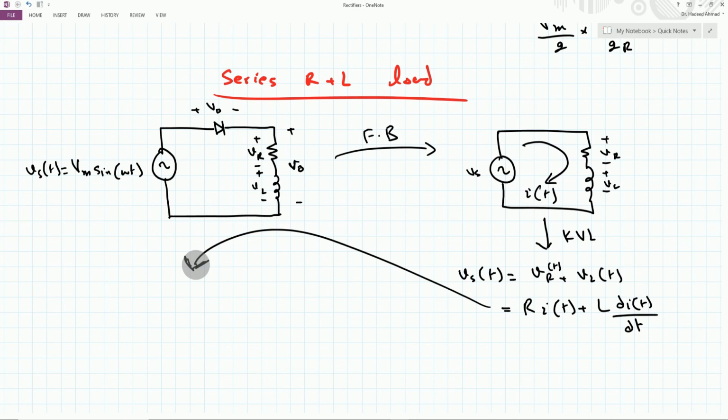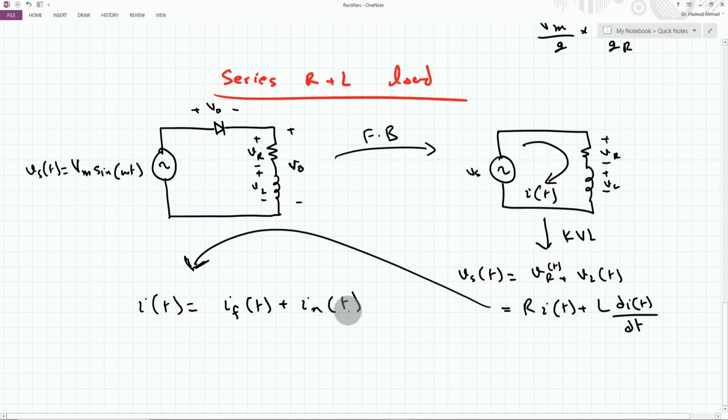The transient part under steady state condition has to vanish, whereas the steady state part remains with the system. So the overall current i(t) is a function of the forced response and the natural response, which occurs because of the existence of this RL circuit here.